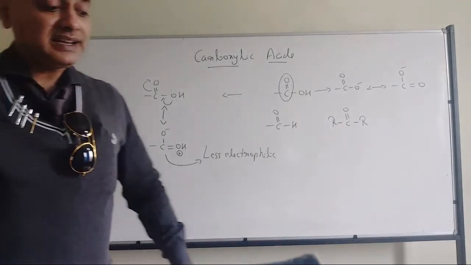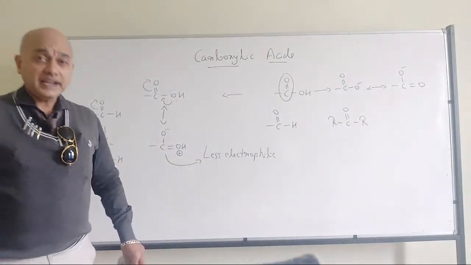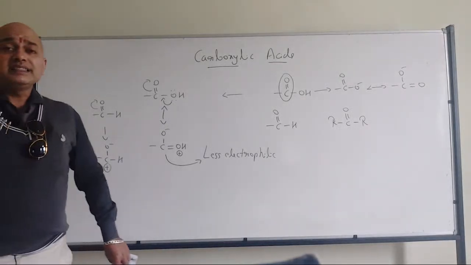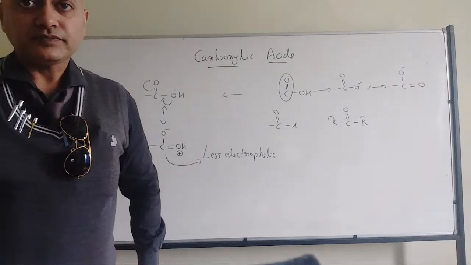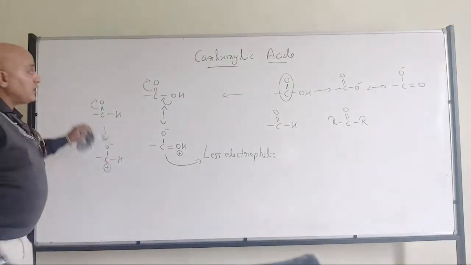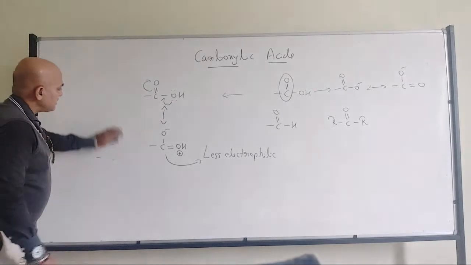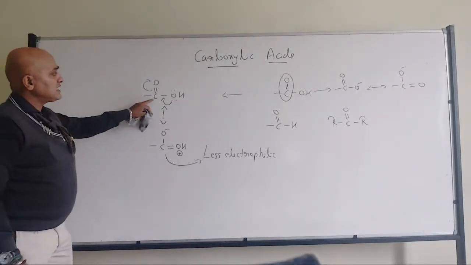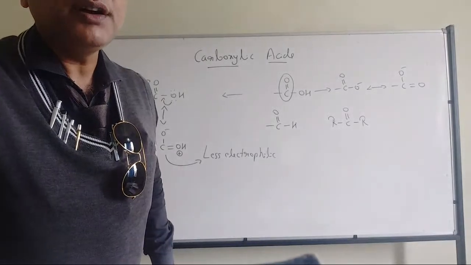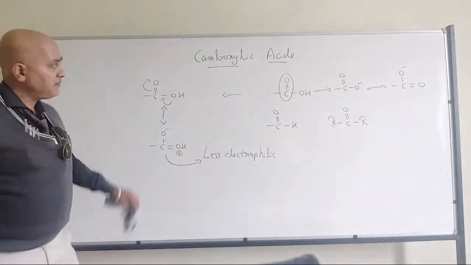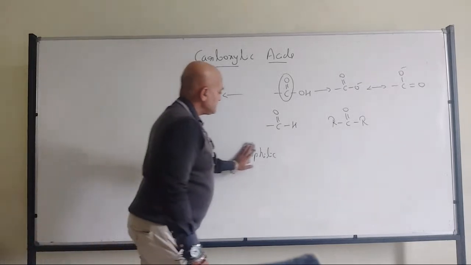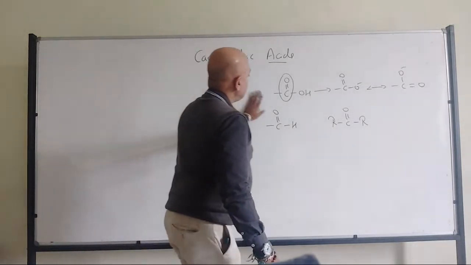So compared to aldehydes and ketones, the carbonyl carbon of carboxylic acid will be less electrophilic in nature, because of the OH group which is attached to this particular carbon. Am I clear? So therefore, the carbonyl carbon of carboxylic acid will be less electrophilic in nature.